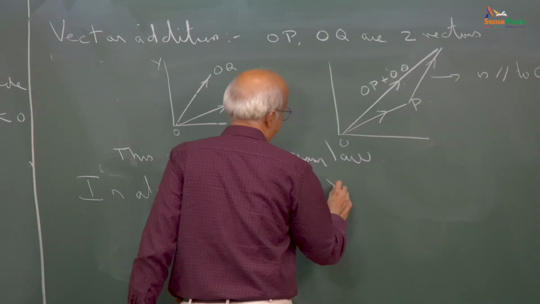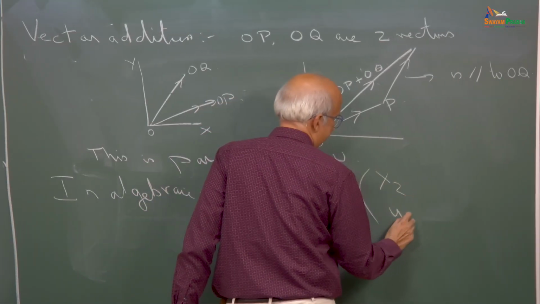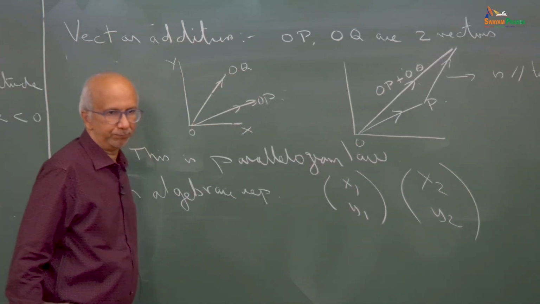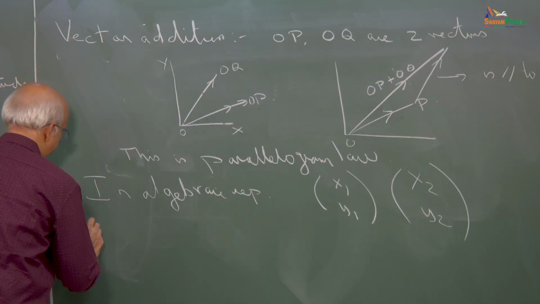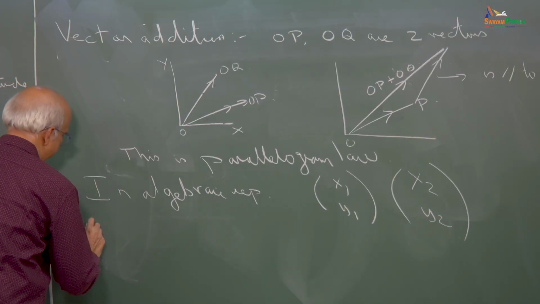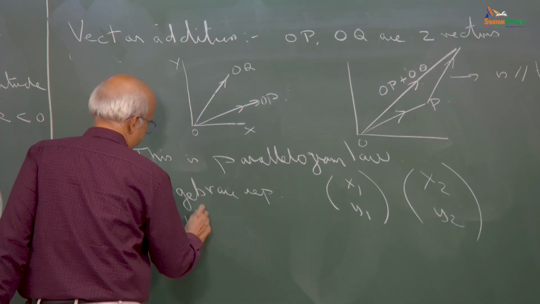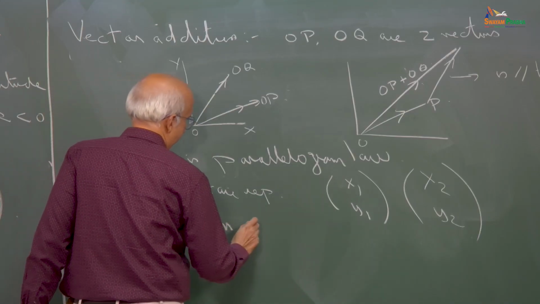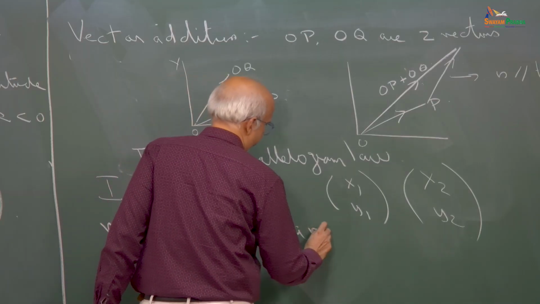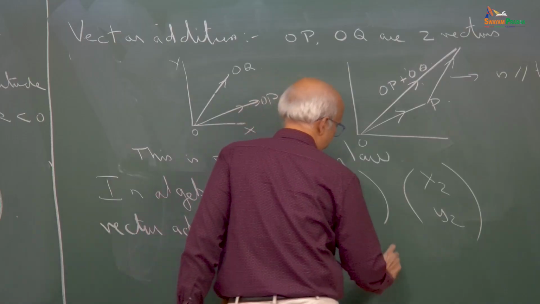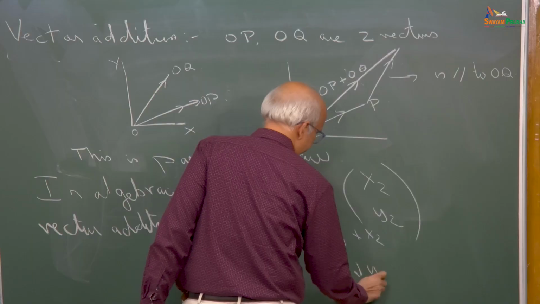In the algebraic representation, if you have x1, y1 as one vector, OP, and x2, y2 as another vector, OQ, the vector addition gives a vector x1 plus x2, y1 plus y2.